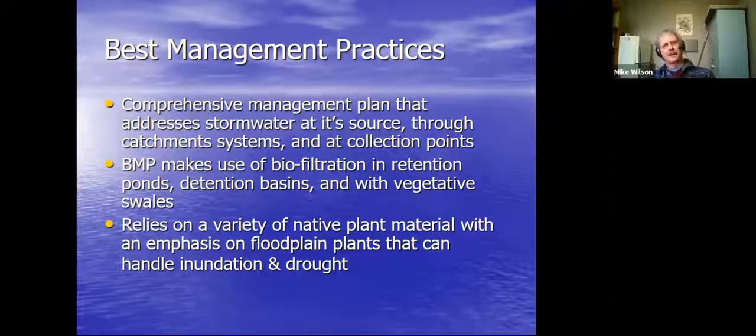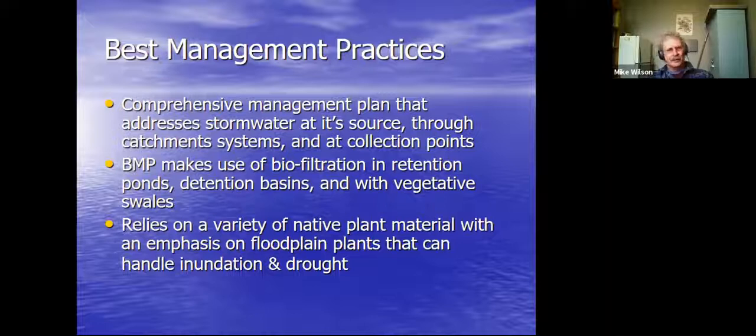But what are best management practices in terms of stormwater and municipal operations? Well, it's a comprehensive management plan that addresses stormwater at its source through catchment systems, storm drain systems, and at collection points.